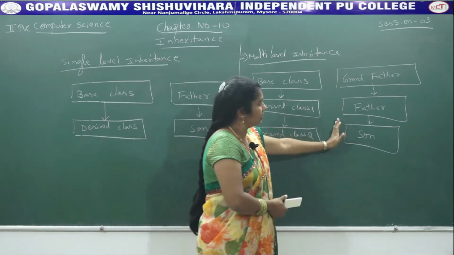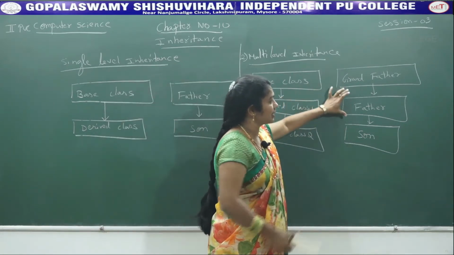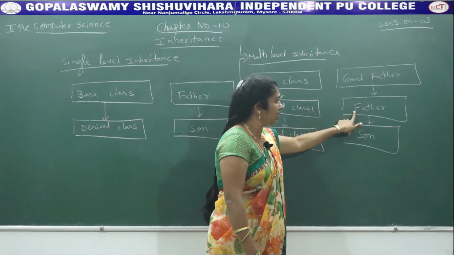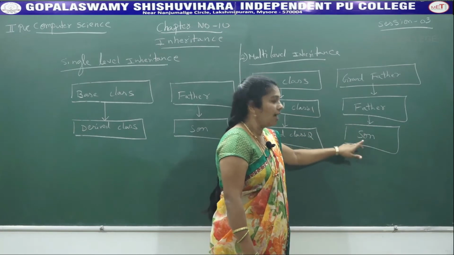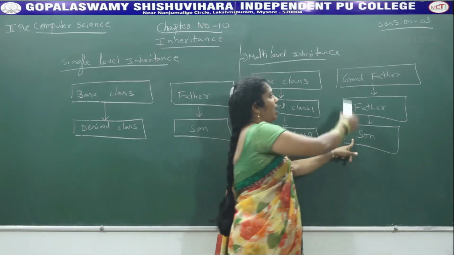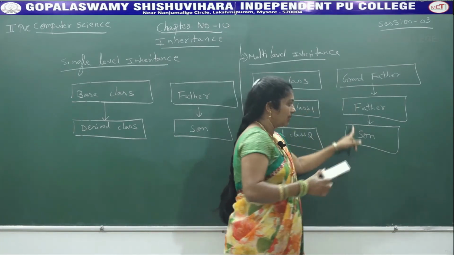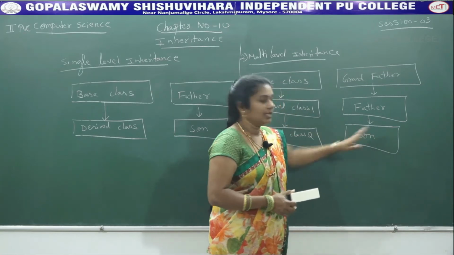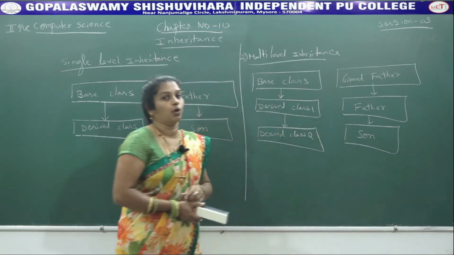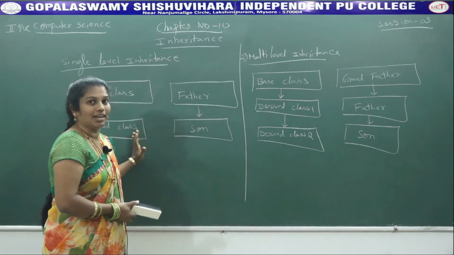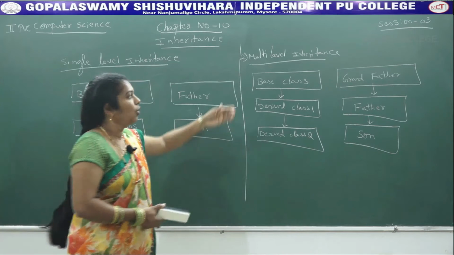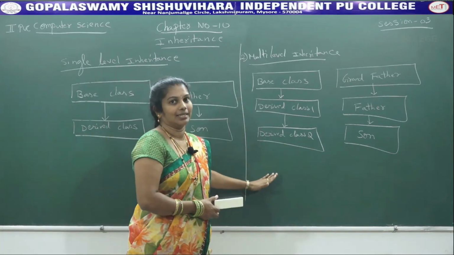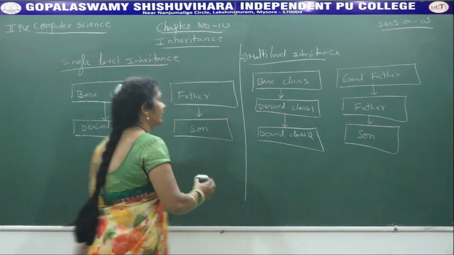Here see the features. Grandfather properties are transferred to father, and the father has the grandfather's properties as well as additional properties. The son has the grandfather's properties as well as the father's properties, and in addition the son also has additional properties. Single level means one level. Multi-level means more than one level is there. That is multi-level inheritance.